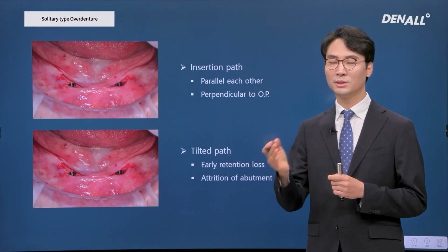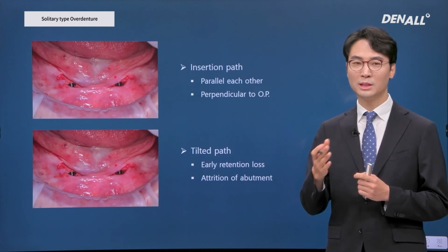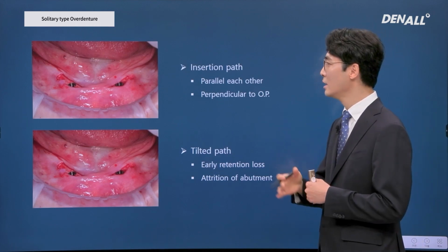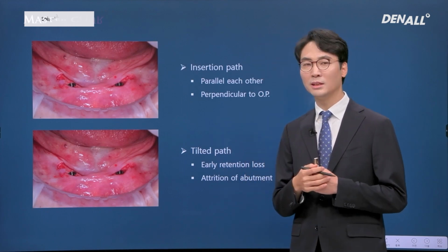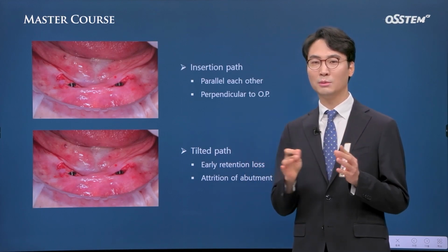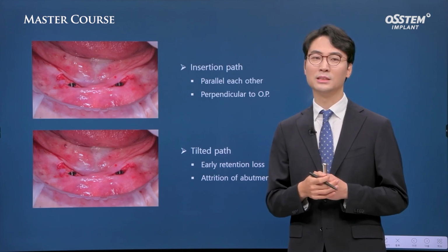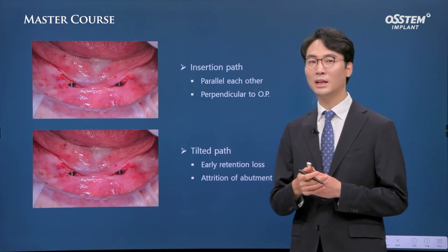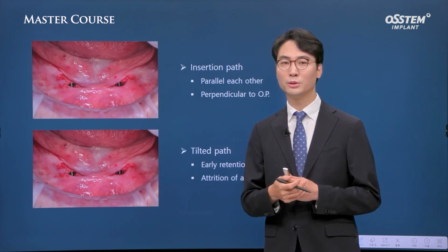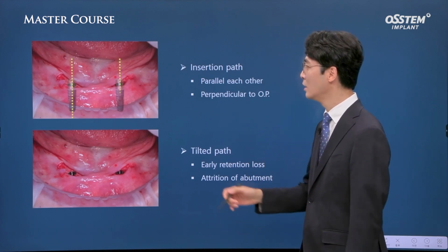This would allow for easier maintenance after treatment. Also, the fabrication process is much easier. You need to pay a lot of attention to implant placement. At a glance, you may think that it does not necessarily need to be parallel, but that's not true. The implants need to be parallel, and we need to pay a lot of attention to it.